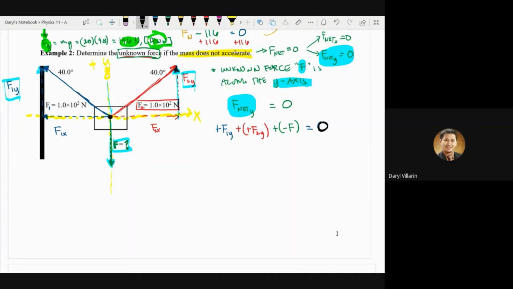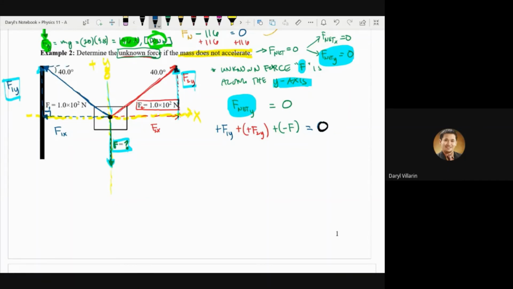So to solve for F1y and F2y, those are just the components of your F1 and F2. So now you go back to what you have known about trig, because always if you're going to break down your vector into its x and y component, you will always create a right angled triangle. So this is just a right angled triangle there. The 40-degree angle is here.